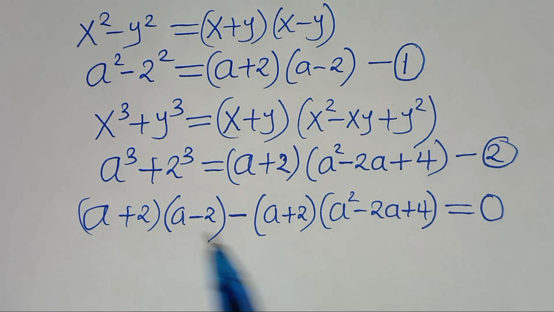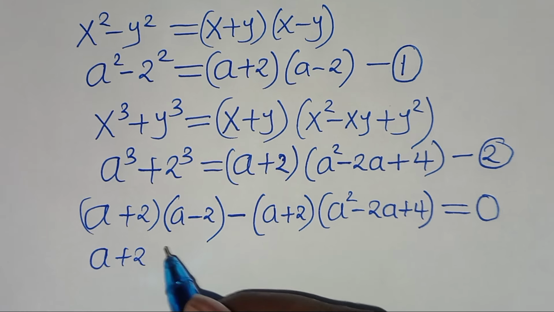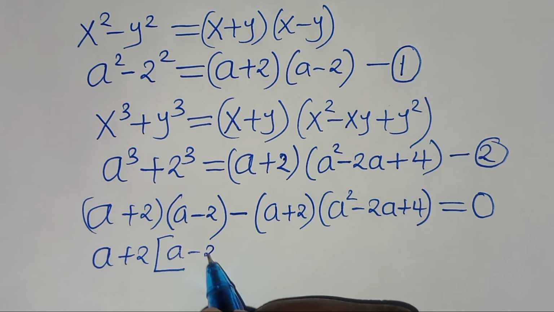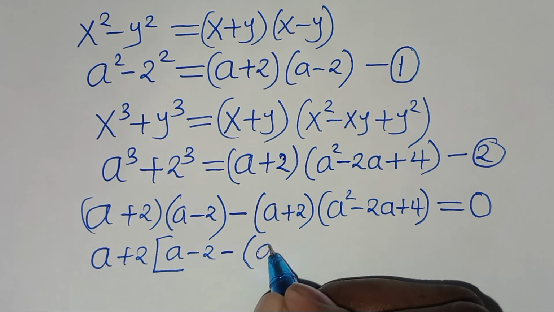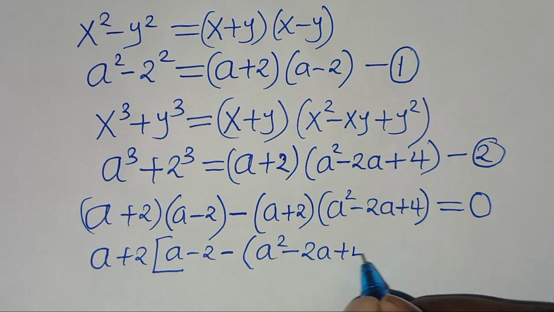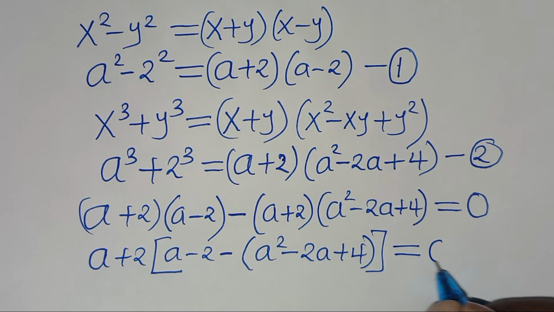So a plus 2 is common here, so we can factor out a plus 2. Then into the parentheses, we have a minus 2, subtract, here we have a squared minus 2 times a, then plus 4, close the bracket here. This is equal to 0.